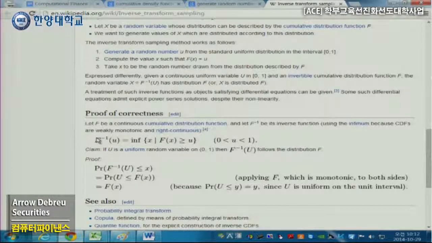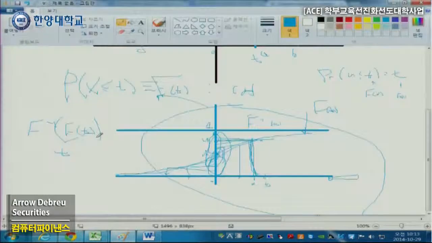For the simple normal distribution, it is fine. But if we have a more complicated distribution function, it can be too time consuming to calculate F inverse. Okay. Any questions?